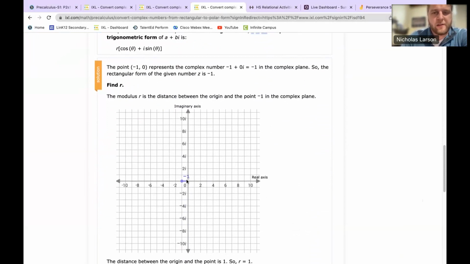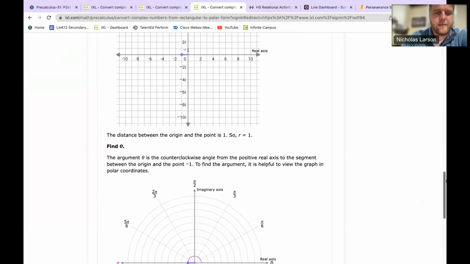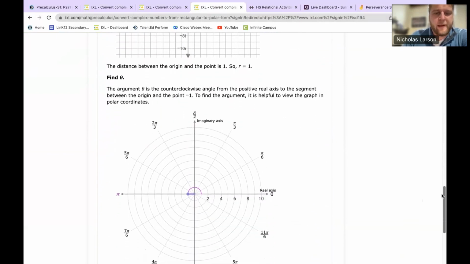It's a straight line, so we can just say it's -1. So that's R. And then finding theta, how far did I rotate? It's going to be all the way at pi. I went all the way over.